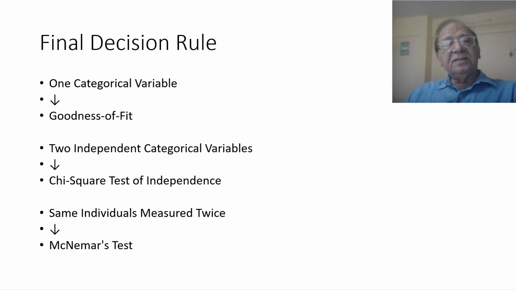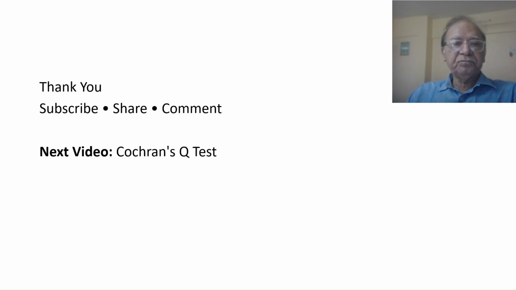If you measure the same individuals before and after an intervention or under two different conditions, use McNemar's test. This simple decision tree will help you select the correct statistical method with confidence.